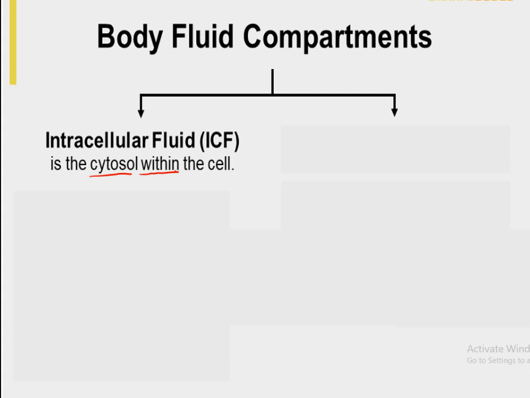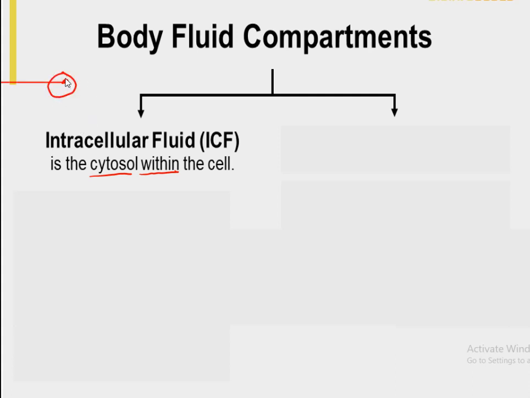In that fluid all the organelles are found, such as the mitochondria, the ribosomes, and the Golgi bodies. All those organelles are found in this fluid called the cytosol, and this cytosol makes up the intracellular fluid, which is within the cell.